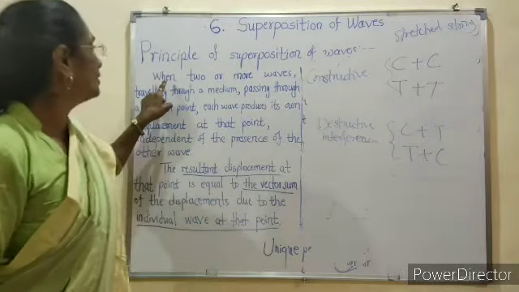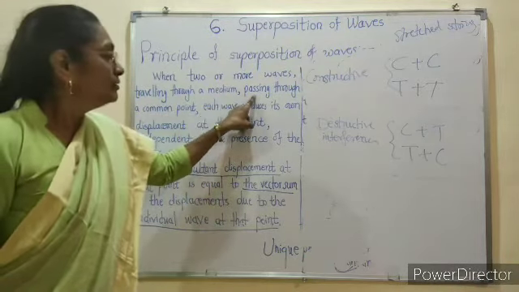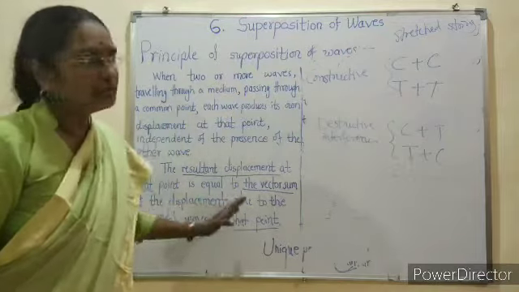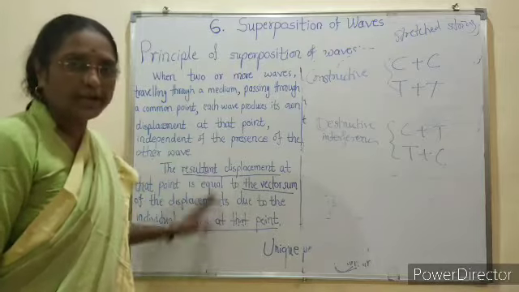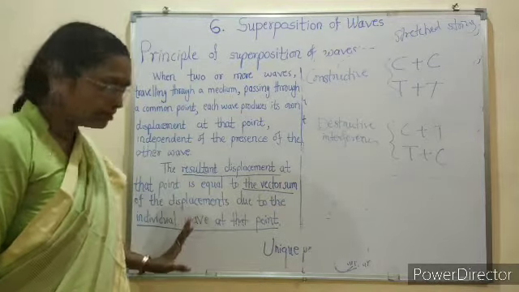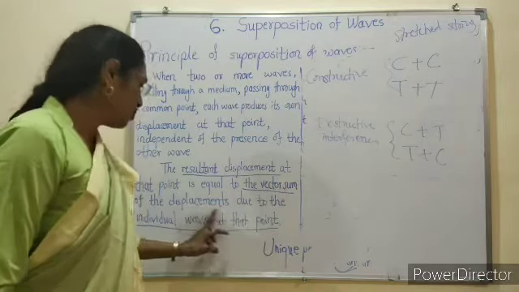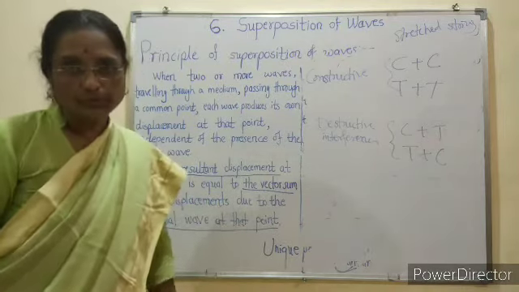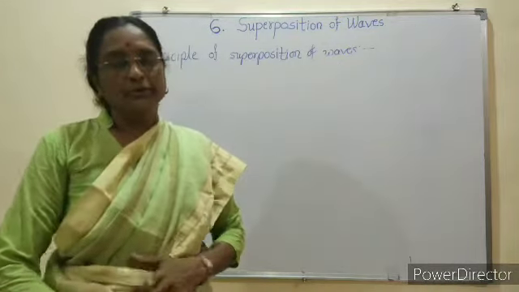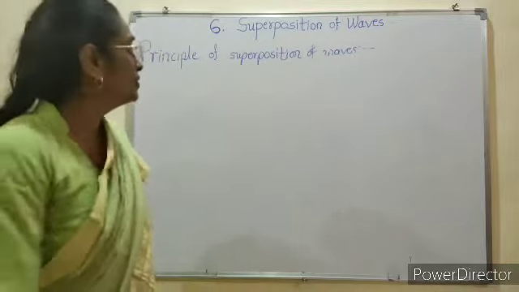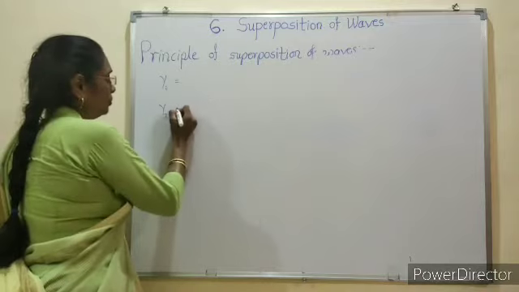Again we read the principle: when two or more waves traveling through a medium pass through a common point, each wave produces its own displacement at that point independently of the other, and the resultant is equal to the vector sum of the displacements due to the two waves. To understand the principle of superposition of waves, we consider two waves producing displacements y1 and y2.